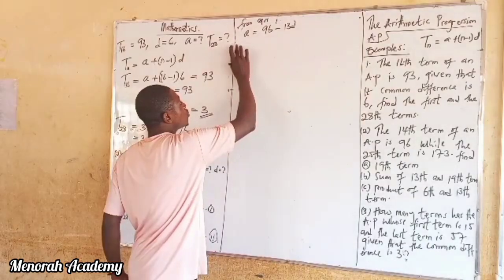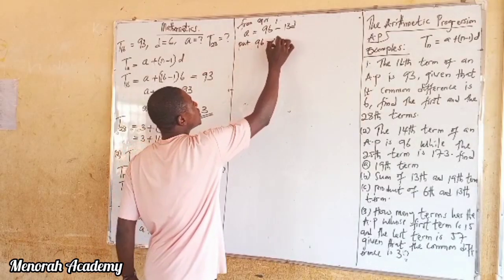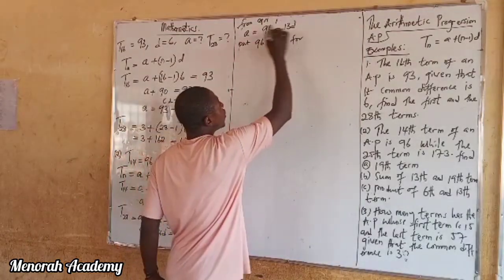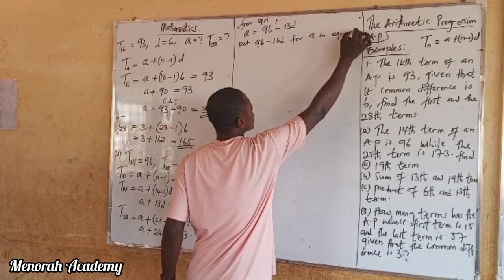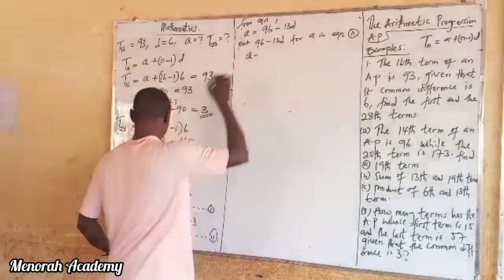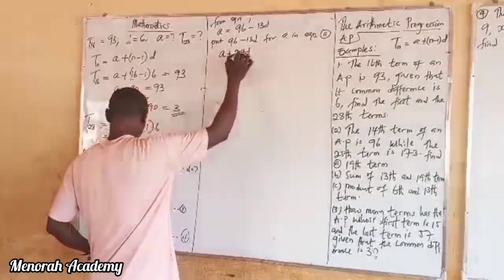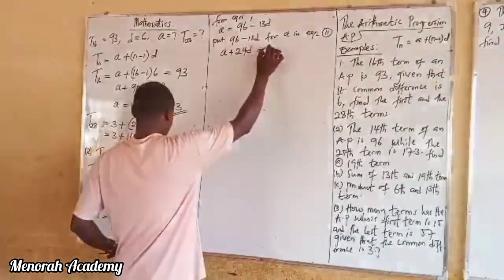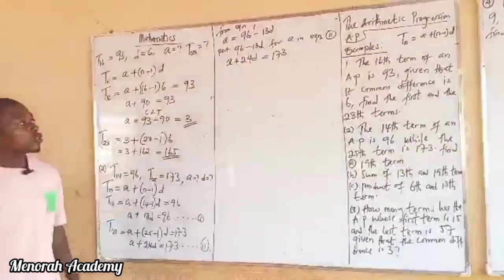So put 96 minus 13D for A in equation 2. Our equation 2 already is A plus 24D equals 173.